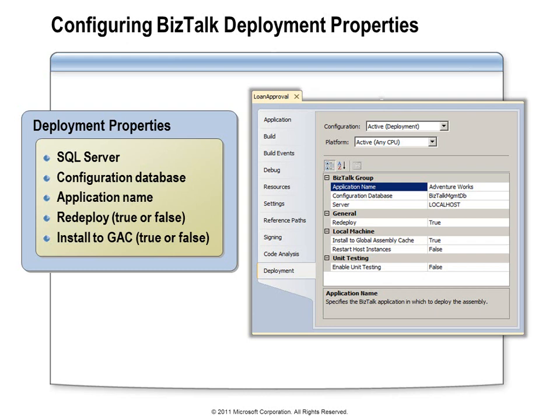You can also see a property named Redeploy. If you set that to true, when Visual Studio deploys this assembly, but it finds that this assembly already exists in the BizTalk runtime, it will attempt to query the BizTalk management database for any configuration settings that are associated with this assembly. These settings could include, for example, the send and receive ports that are associated with an orchestration.